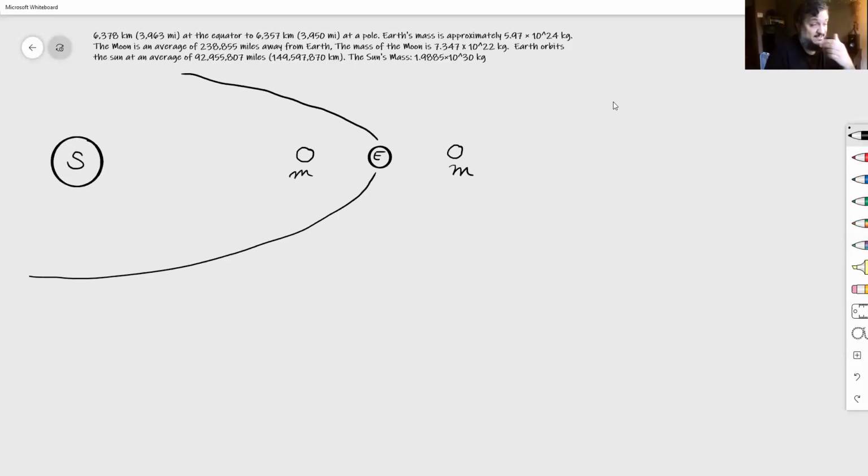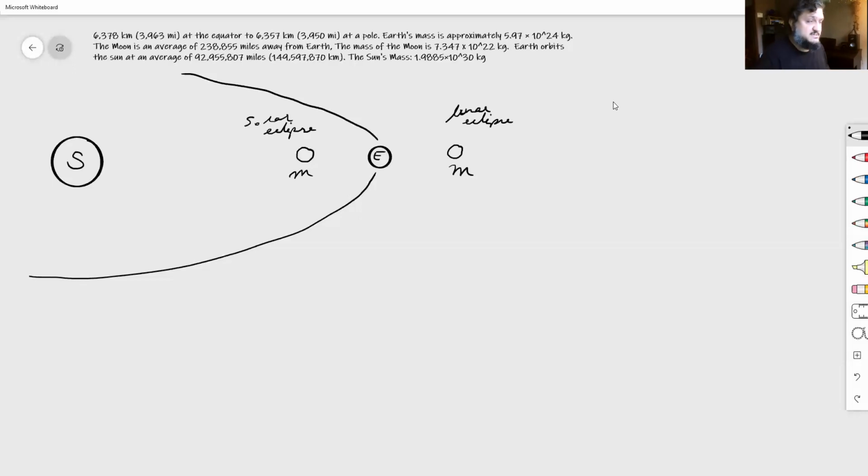That's when a solar eclipse happens, right? And then when the moon is here, the shadow of Earth is on the moon. That's when we have the eclipse of the moon, or lunar eclipse. Okay, so let's find the force on the moon at these instances when we have these two eclipses.